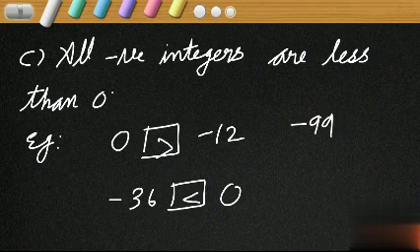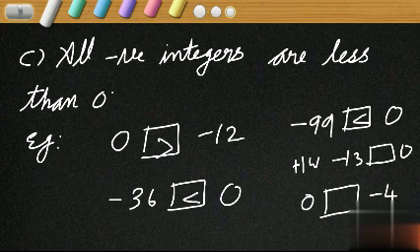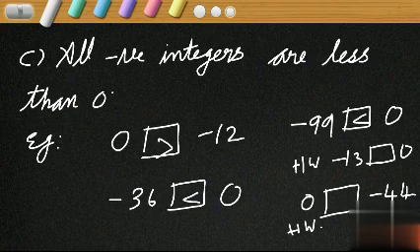Minus 99 dash 0. What is the answer? Yes, 0 is greater. Then note down homework. Minus 13 dash 0 is homework. Other one. 0 dash minus 44 also homework. Okay. And so we have completed session C.